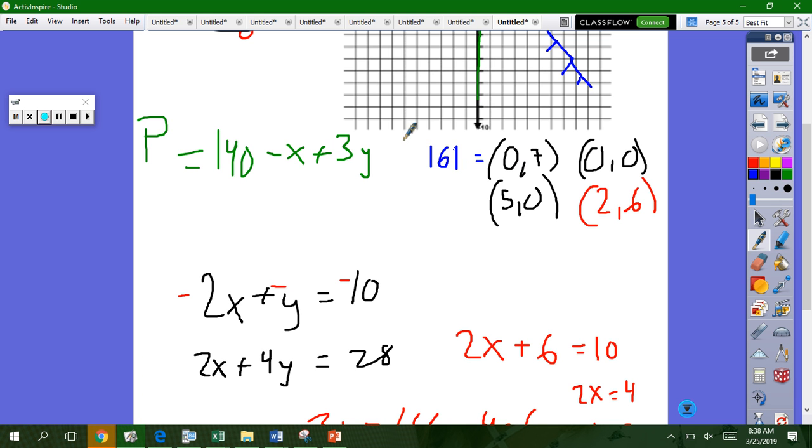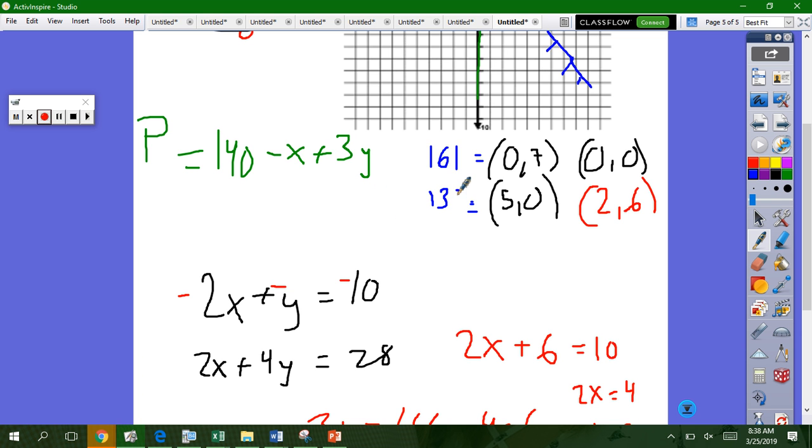All I did was plug 0 in for x, 7 in for y. Okay, let's plug in 5, 0. So 5 for x, 0 for y. 140 minus 5 plus 0 is 135.